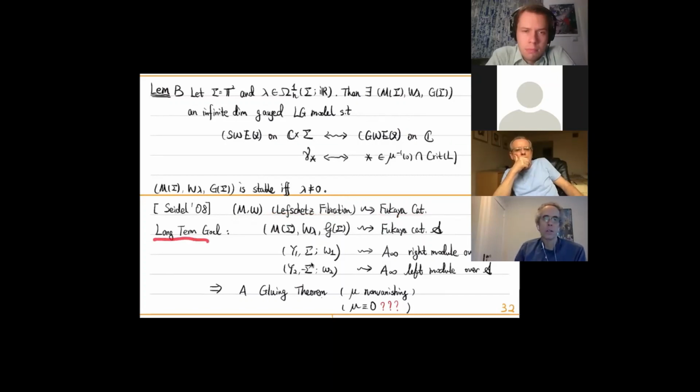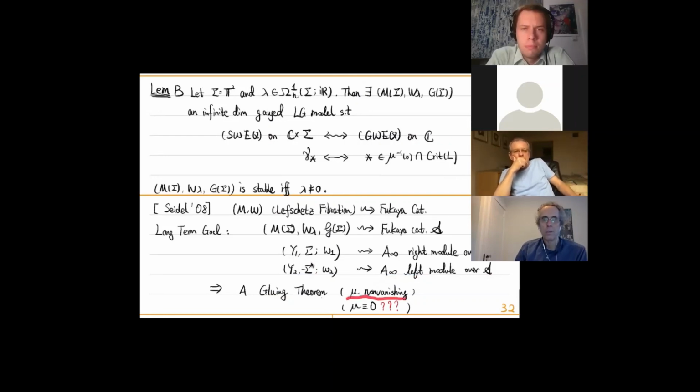So the long-term goal of this project is to construct the Fukaya category for these infinite-dimensional Landau-Ginzburg models. Moreover, for any three-manifold Y1 with boundary sigma, we want to construct an A-infinity right module over A. And for any three-manifold Y2 whose boundary is the orientation reversal, we want to construct an A-infinity left module. Eventually, when Y1 and Y2 are glued along their common boundary, we want a gluing theorem to help us recover the full homology of this closed three-manifold.